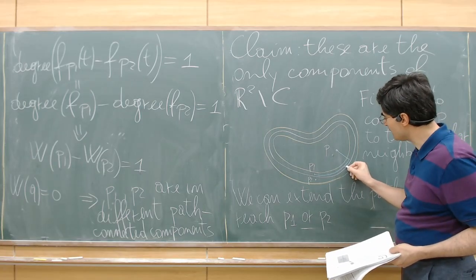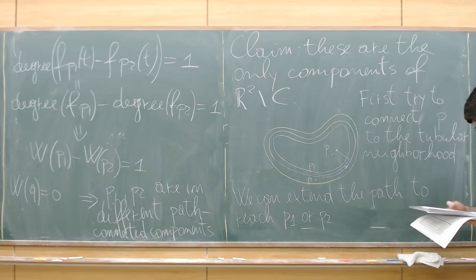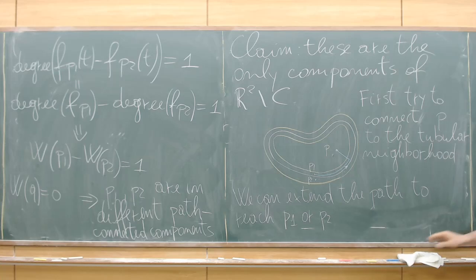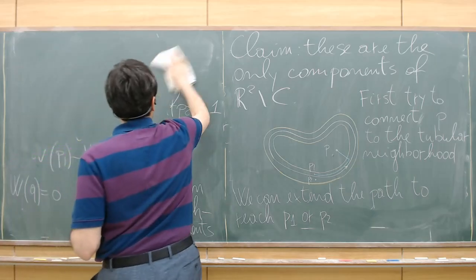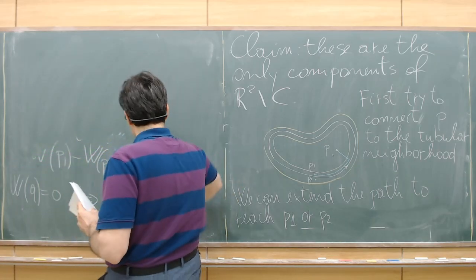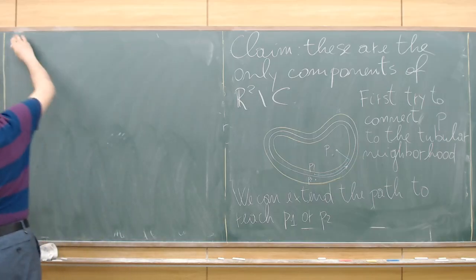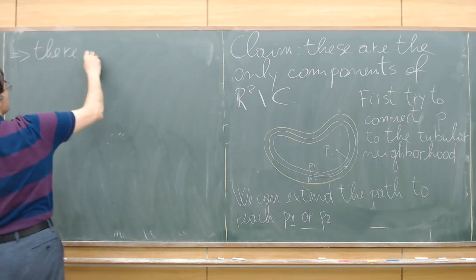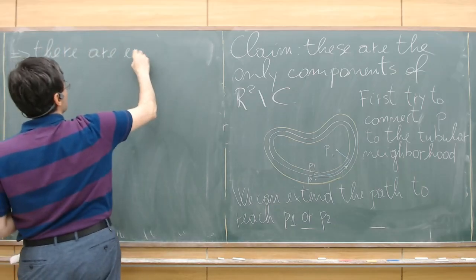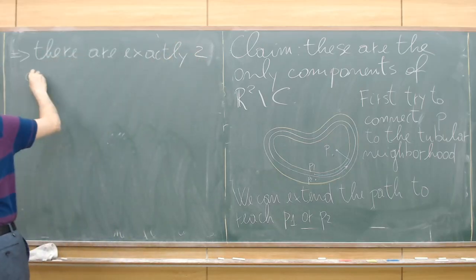The trace of gamma is marked in white color. So this proves that there are exactly two components.